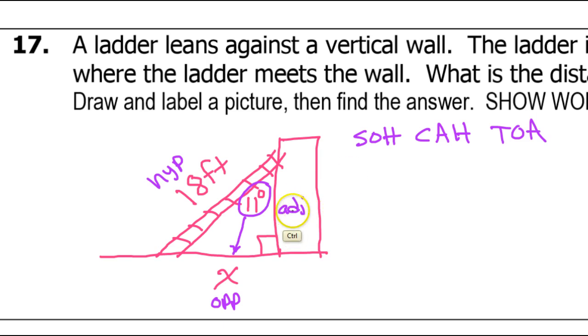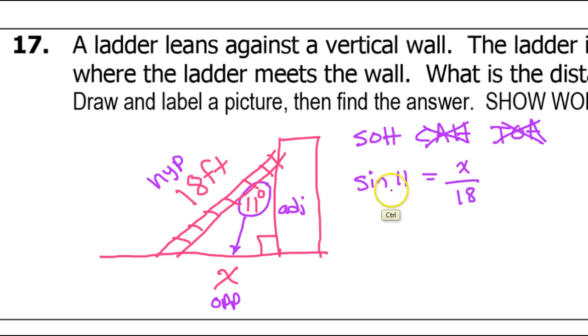So, because adjacent is useless, I need to throw out this function because it involves adjacent, and this function for the same reason. So that means we're going to be doing the sine function. Sine is opposite over hypotenuse. So I will write sine of 11 is equal to opposite over hypotenuse.